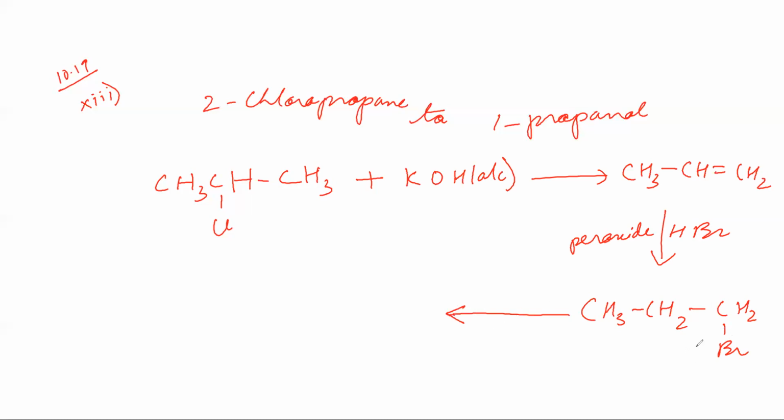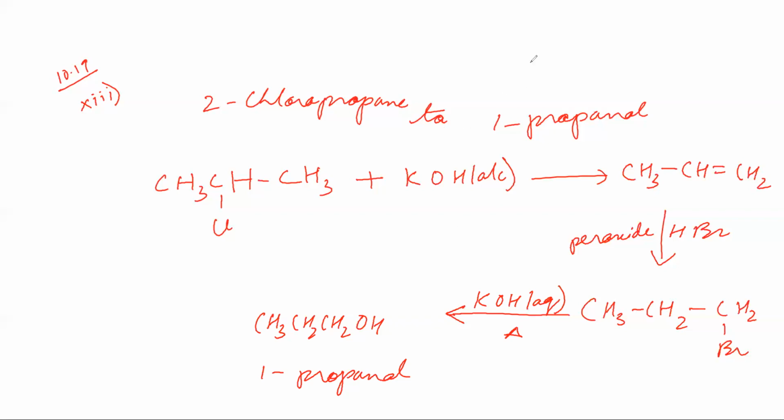Now this bromine can be replaced by the hydroxyl group if I add aqueous potassium hydroxide, and it will give us the product 1-propanol. I hope everybody has understood what you are going to do. This was the entire reaction to convert this into this.